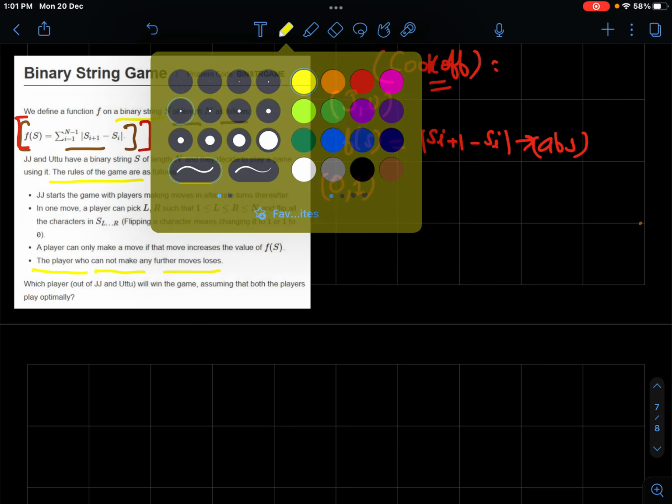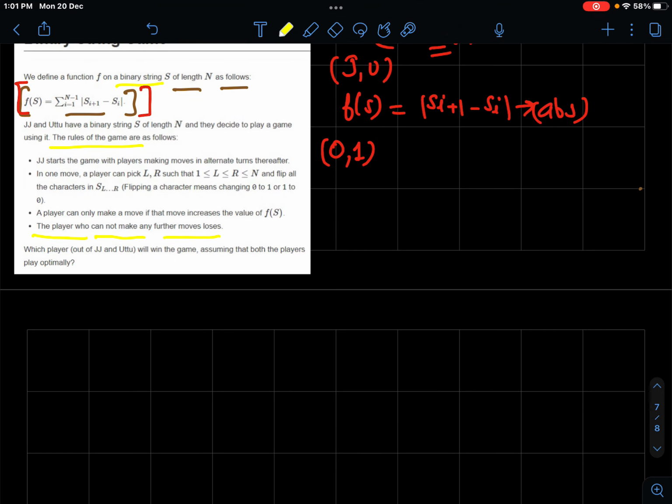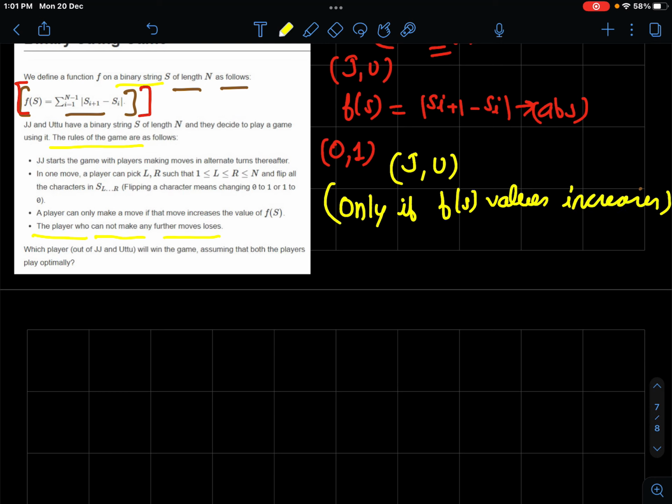Now they are asking who will win the game, and the condition is that J will move first and U will move after J. We have to make our moves only if the value of Fs increases.